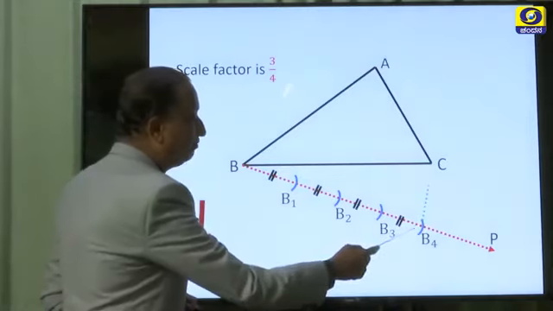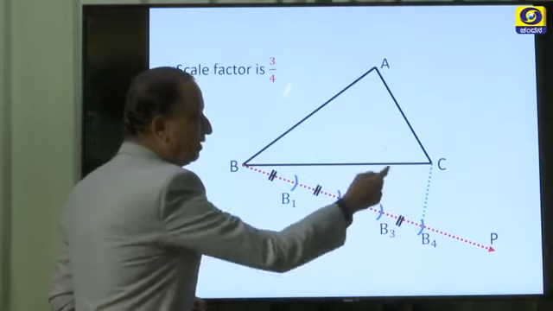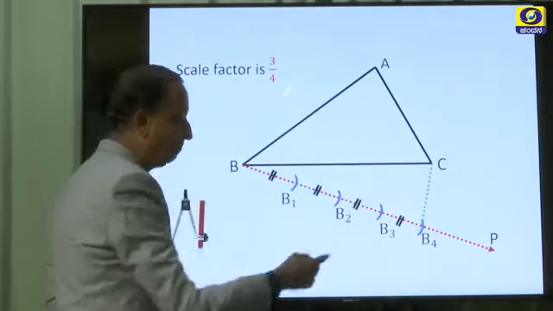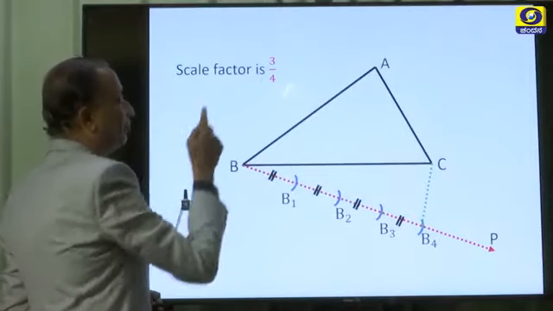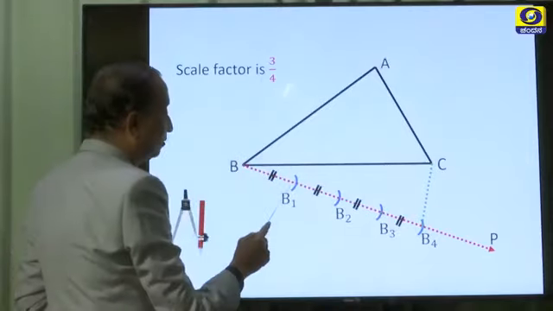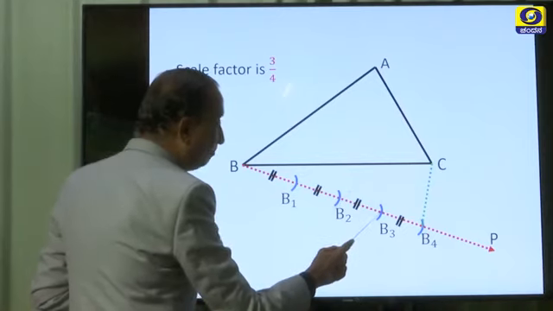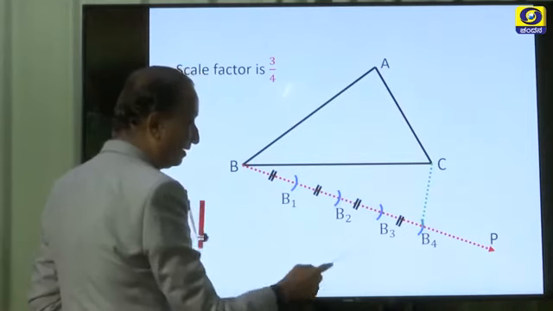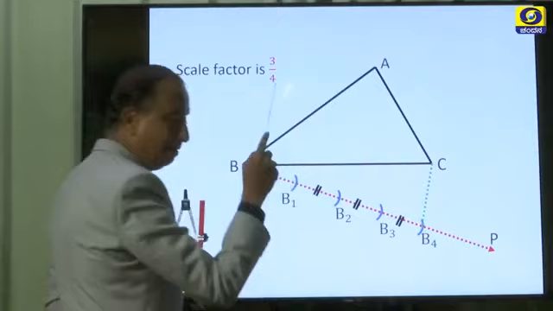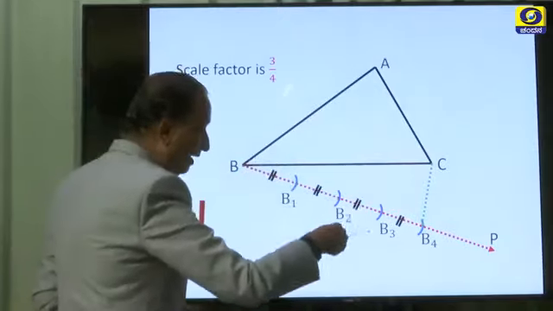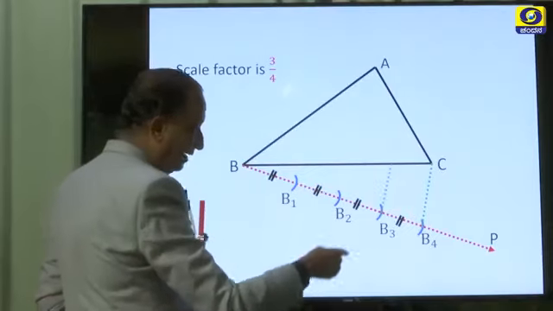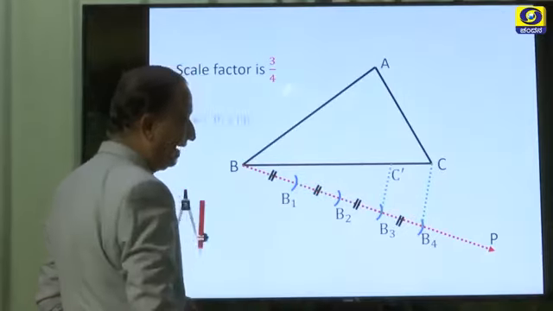Now, join this B4, the last point, with the point C. Now, having joined this, look at the numerator 3. So, B1, B2, B3, the third point is here. With the help of a set square or the compasses, draw a line here like this, and call it C dash.